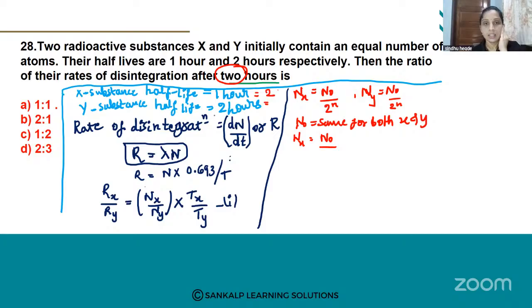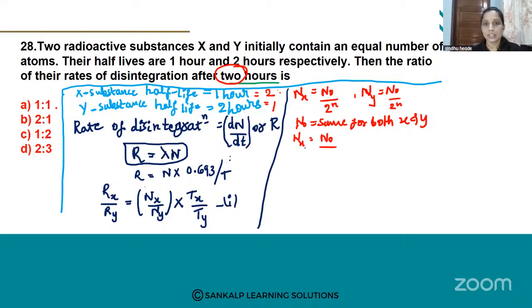And for y substance, the half-life is 2 hours, so after 2 hours only one half-life happens. So n is equal to 1 here.